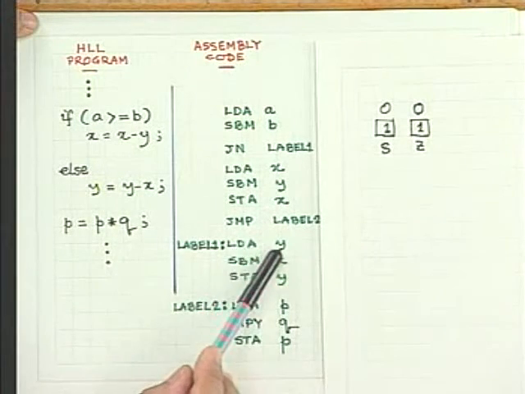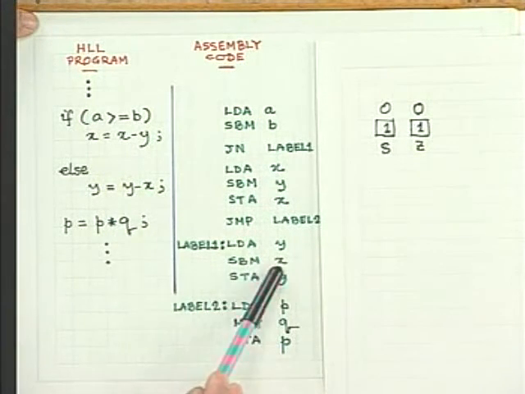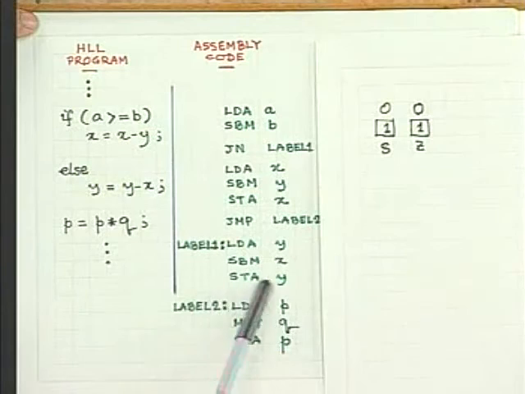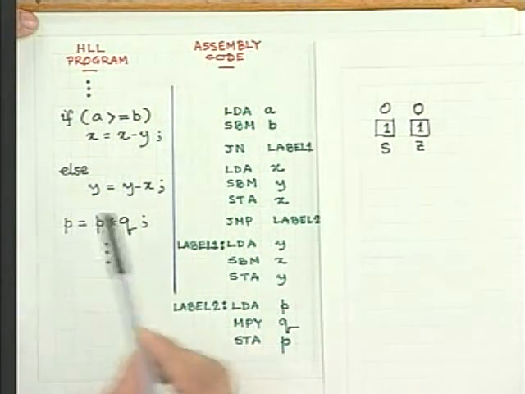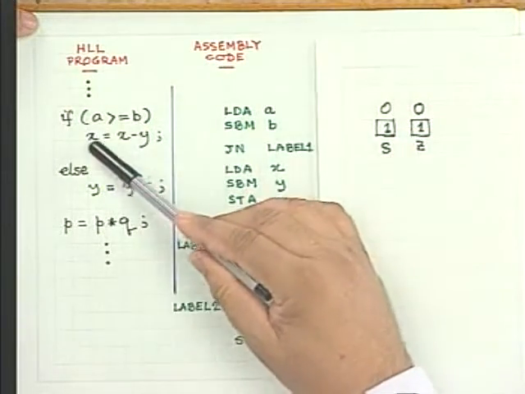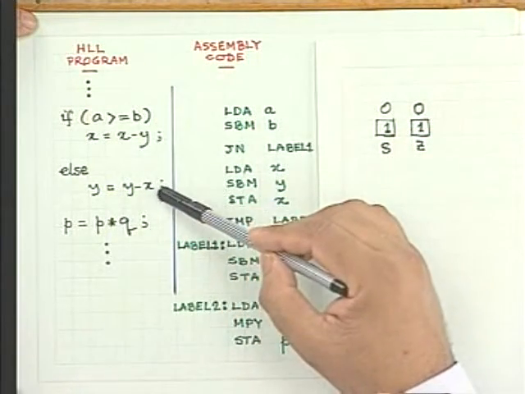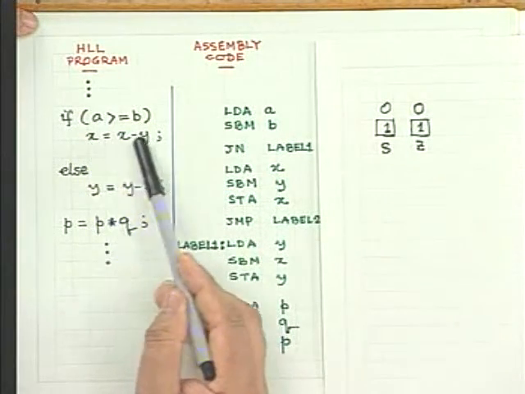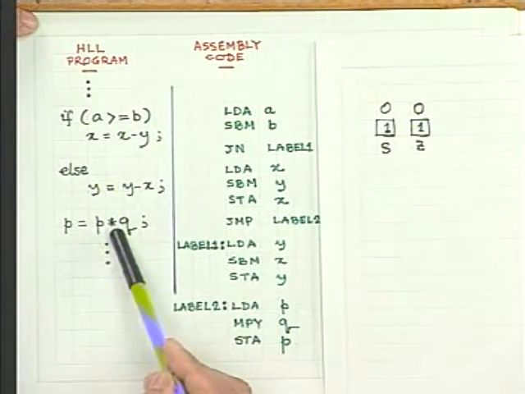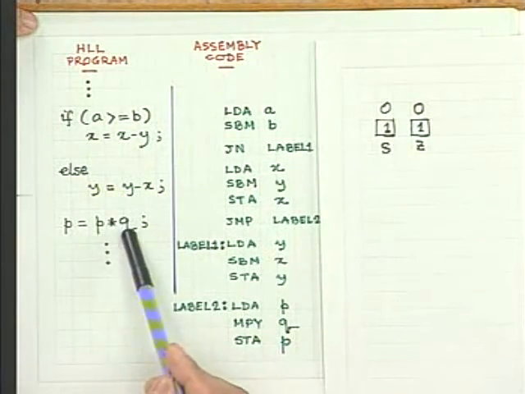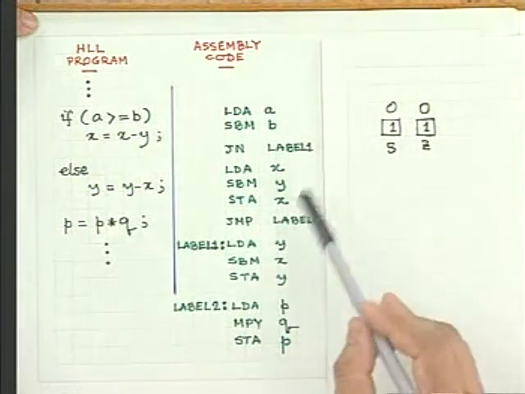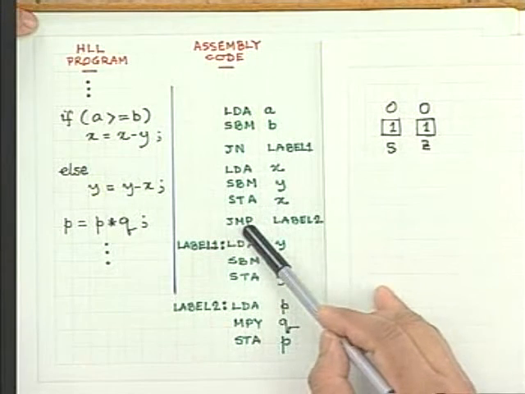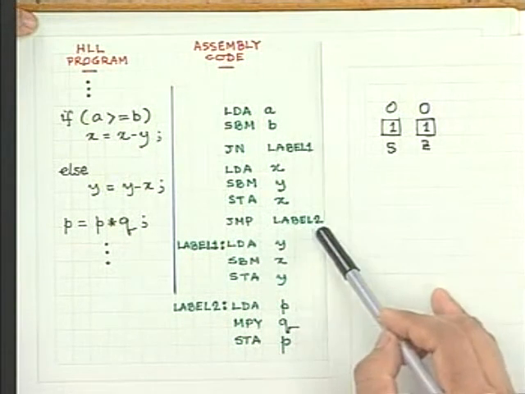That means load accumulator Y, subtract memory X, and store accumulator into Y. Now, one thing you see is that if this is executed, then this will not be executed. From here, the control should jump after execution of this instruction to P equal to P into Q. Therefore, an unconditional jump, that means jump to label 2, is executed.